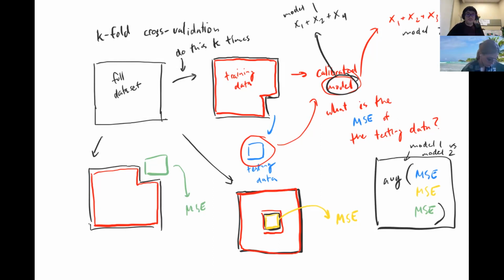Okay, so let's hop back over to RStudio, and I can show an example of this, unless anyone has any questions right now about k-fold cross-validation. All right.